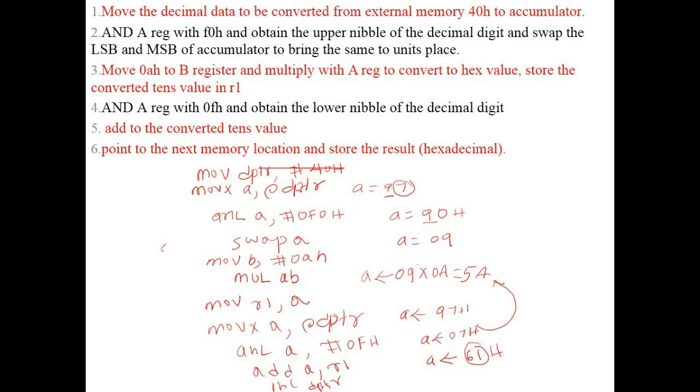In 41H we have to store the result, so we increment the DPTR, and finally we store the result using MOVX @DPTR, A. Then end of the program. Now we'll see this using the Keil compiler.